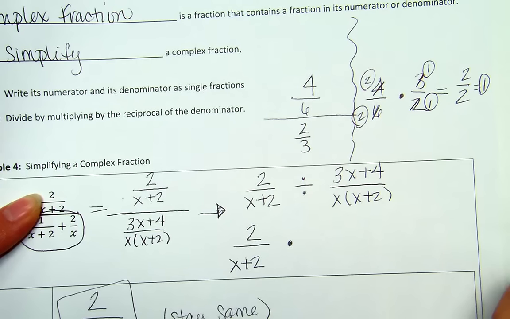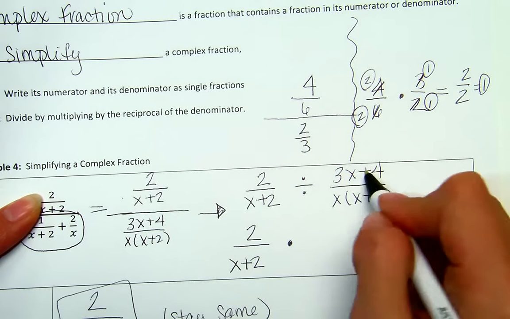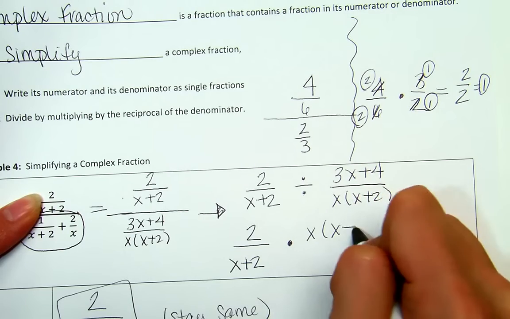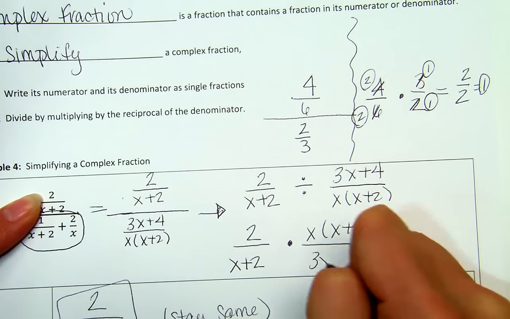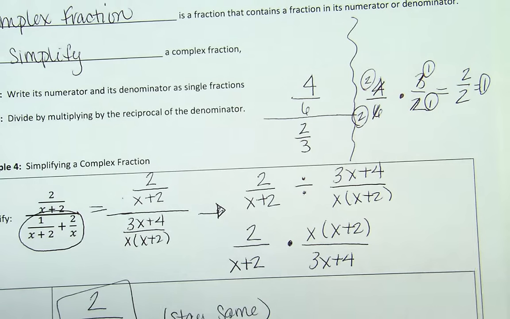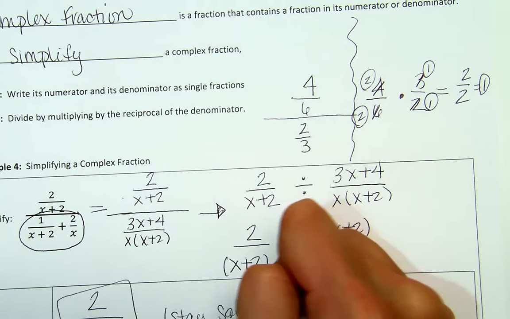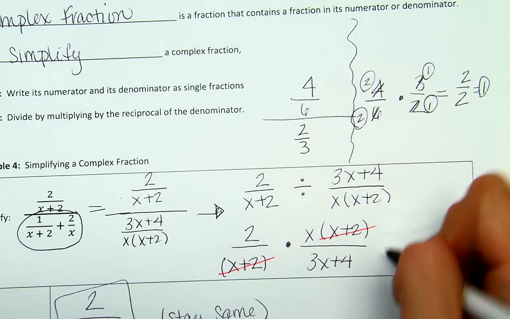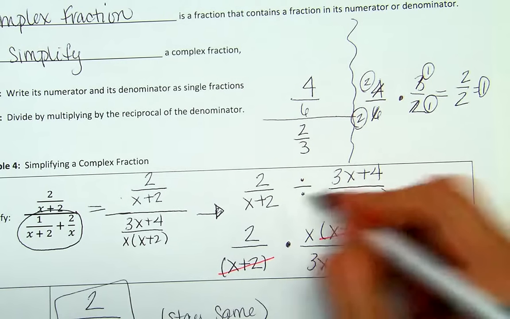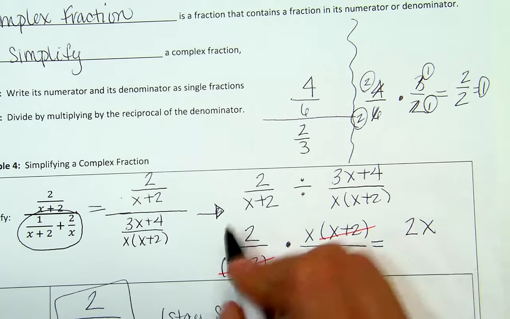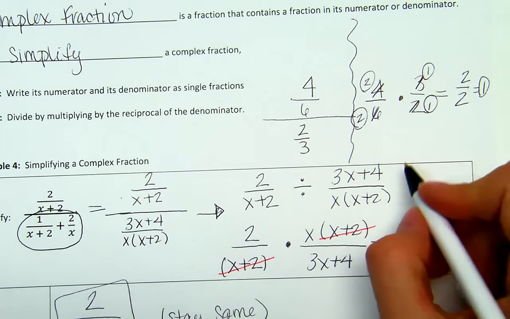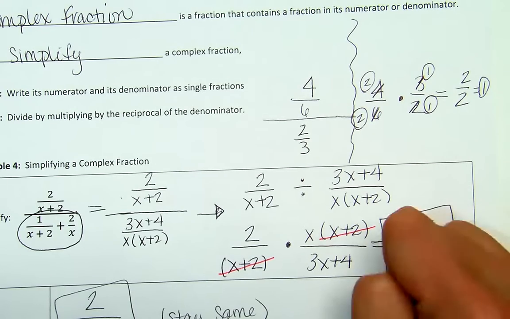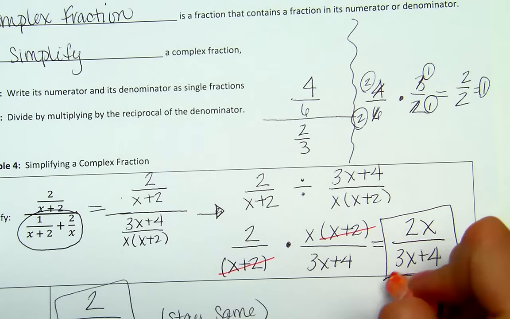You change division to multiply, and you flip the second fraction, so it becomes x times x plus 2 all over 3x plus 4. Wherever you can cancel on your diagonals, cancel. Whatever you can't cancel on your diagonals, you combine again. So 2 times x is 2x all over 3x plus 4. And that is your final answer.